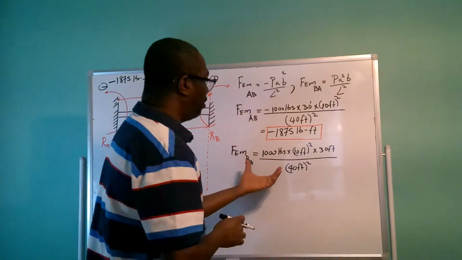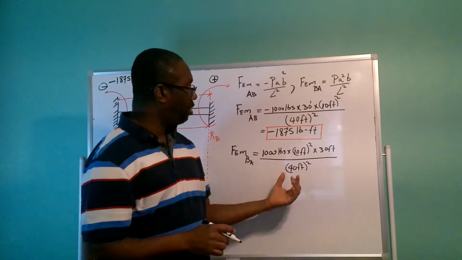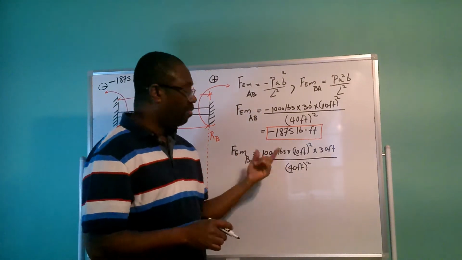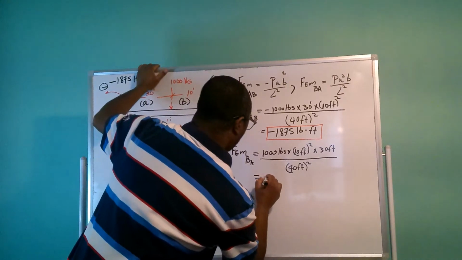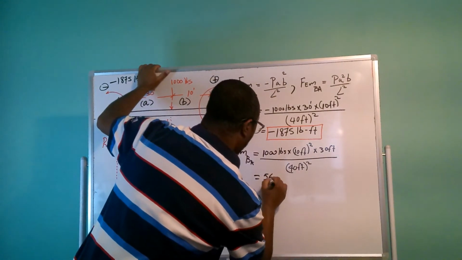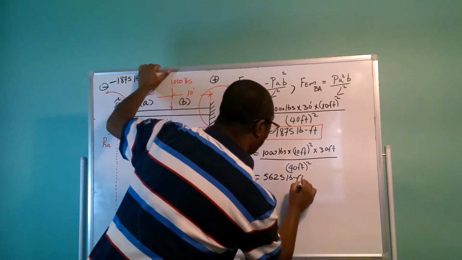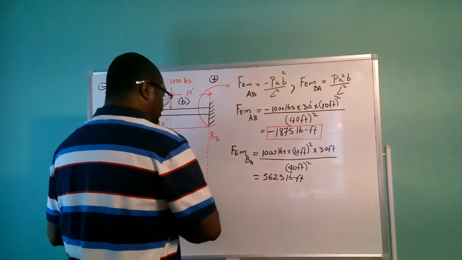If you plug 1,000 pounds times 10 feet squared times 30 feet divided by 40 feet squared, you're going to get 5,625 pound foot for the fixed end moment at BA.